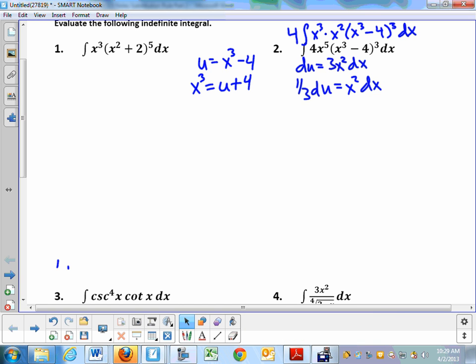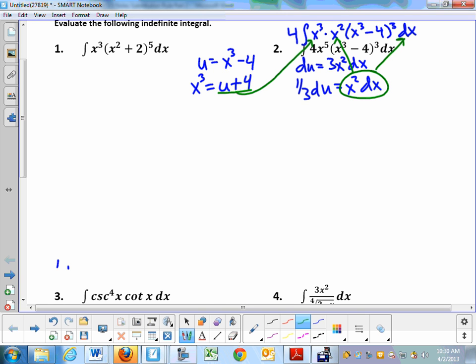So that you can see that for this x to the 3rd, I plug in u plus 4, and this x squared comes from this x squared dx. Good. 4 over 3, 4/3 times the integral of, no, not x to the 3rd, but u plus 4 times u to the 3rd du.